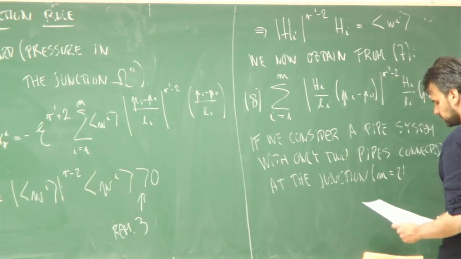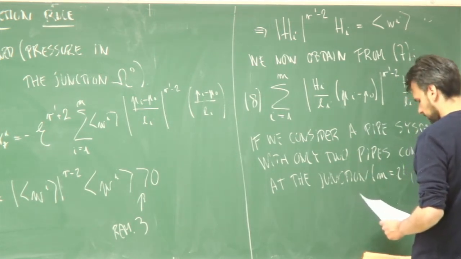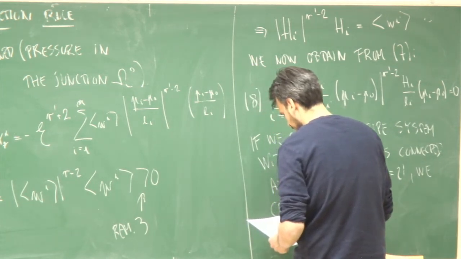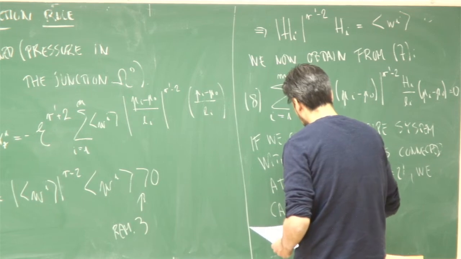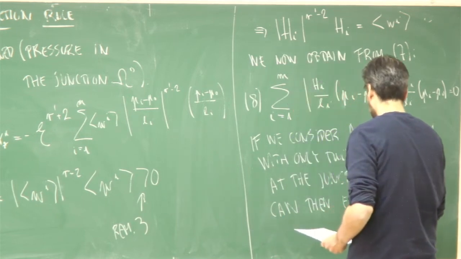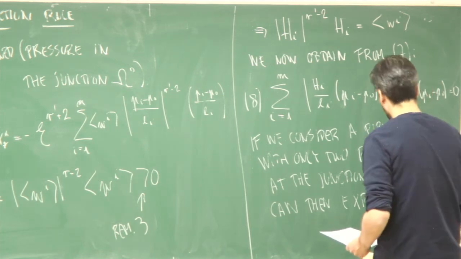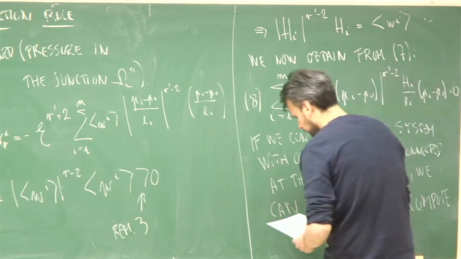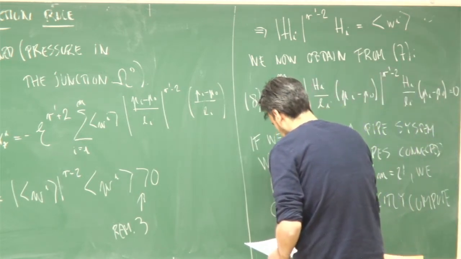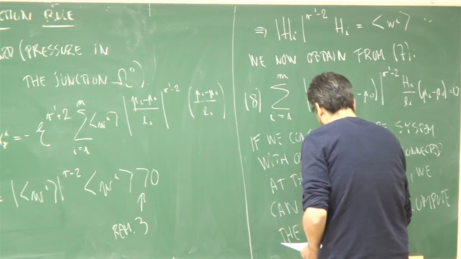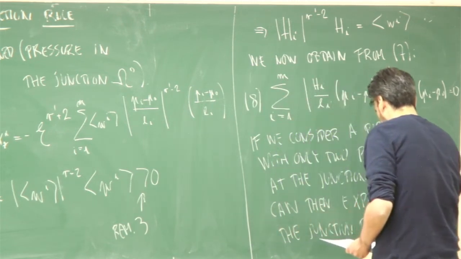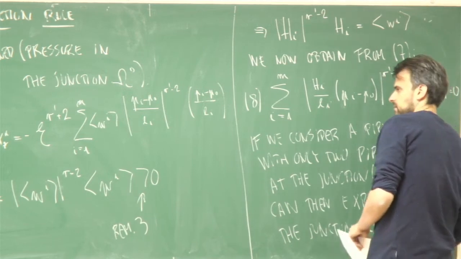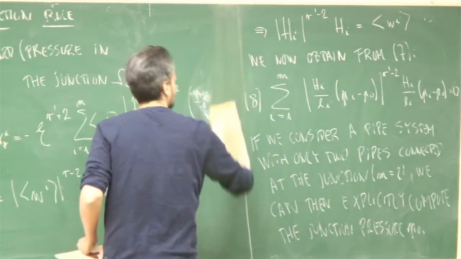So this m is equal to 2, we can then explicitly compute the junction pressure P0. So in this case it's not so hard, as you can see.